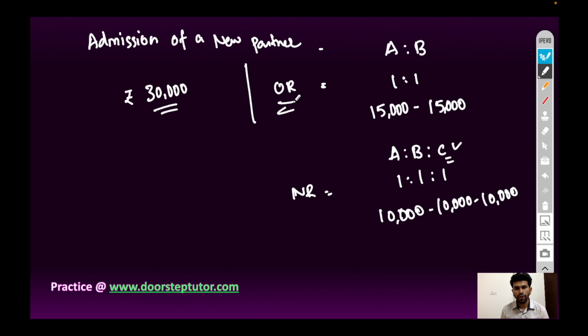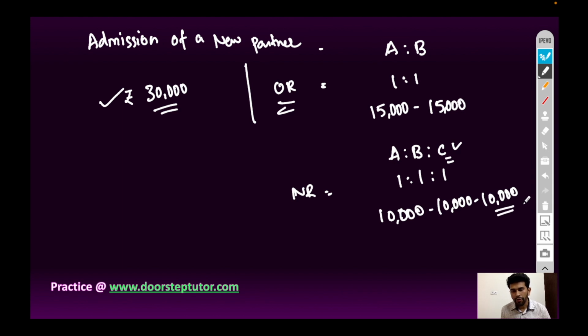So old ratio was 1 is to 1 among A and B. In case of 30,000 rupees of profit, it was distributed among A and B by 15,000 rupees each. Now Mr. C is admitted as an incoming partner and C is also an equal partner. So these 30,000 will be distributed among each partner equally. That is 10,000, 10,000, 10,000.